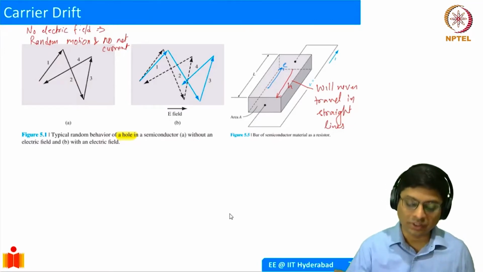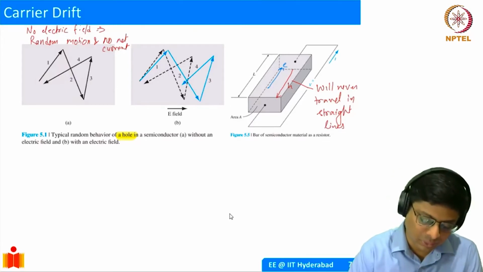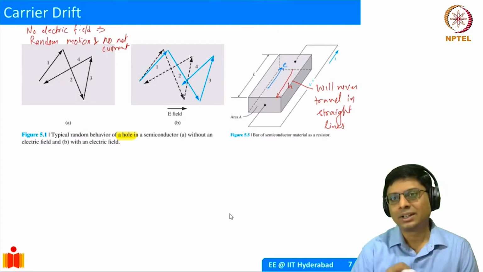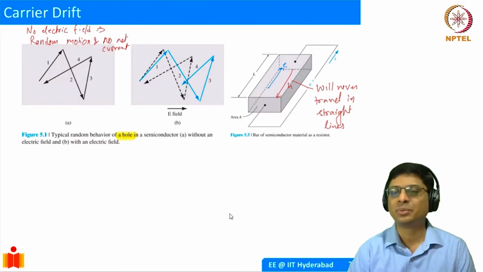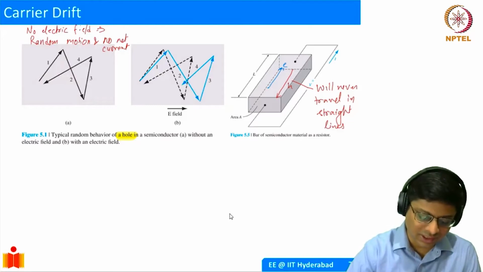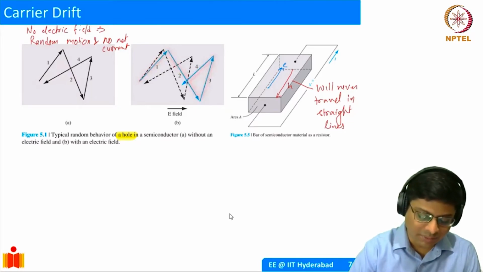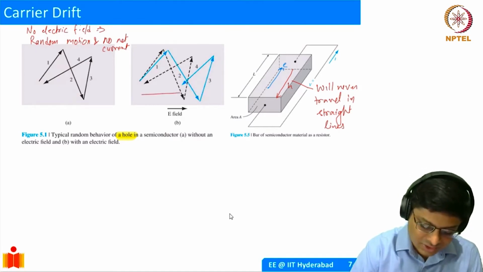But if you introduce a field, that is what is shown in the blue here. Of course, there is still going to be some random motion, but on an overall basis, there is going to be an average movement of charge. For example, here the electron is getting scattered in this direction, again back, so again here. The net movement, in this diagram, is the net change in x, delta x.